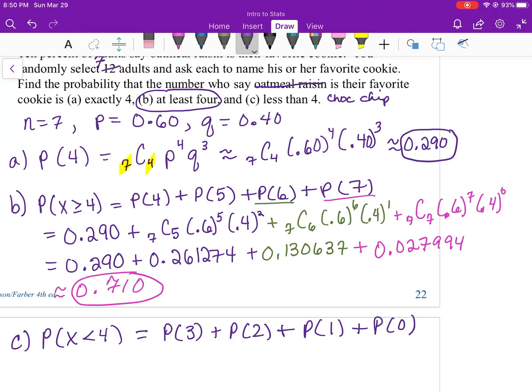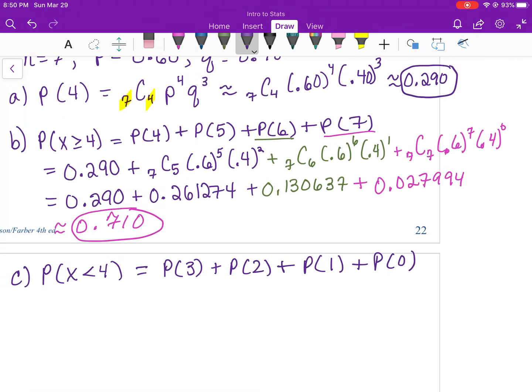So we're going to find all 4 of those probabilities and add them together. Again, you're going to have to set them all up. And we haven't found 3, 2, 1, or 0 yet. So probability of 3 is going to be 7c3, 0.6 to the third, 0.4 to the fourth.